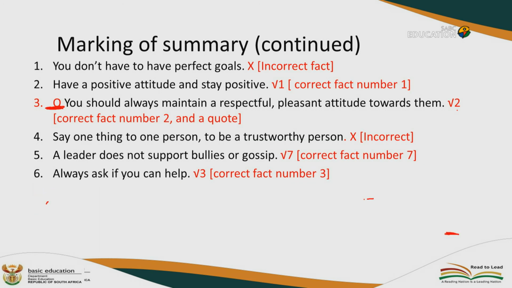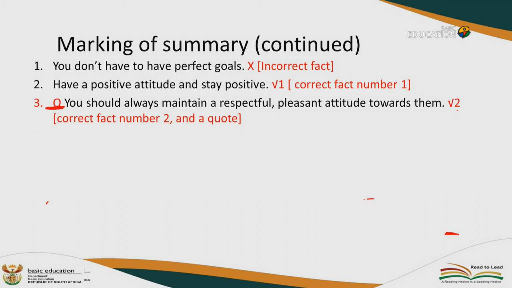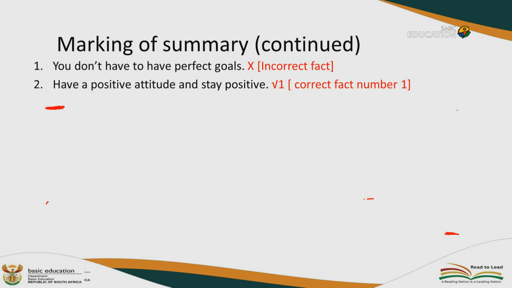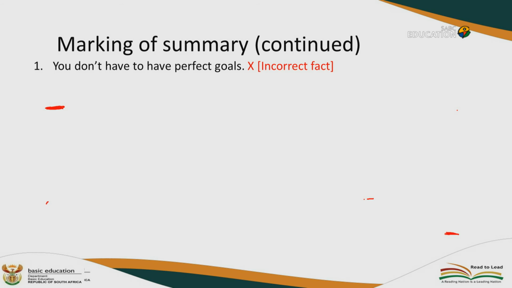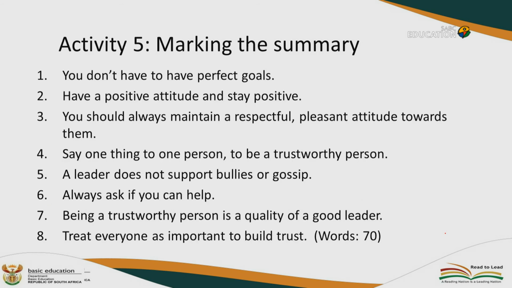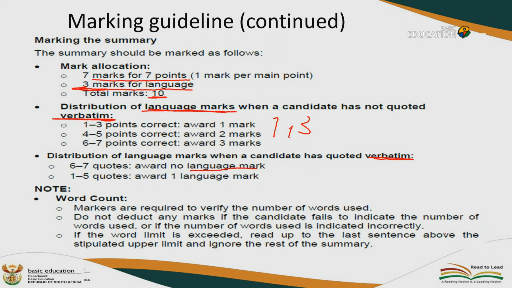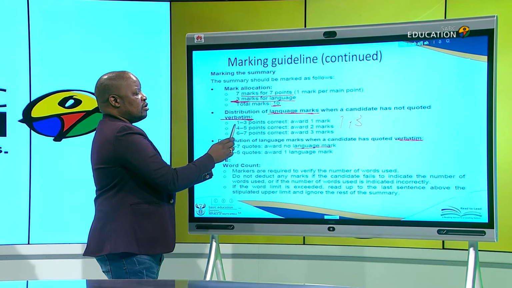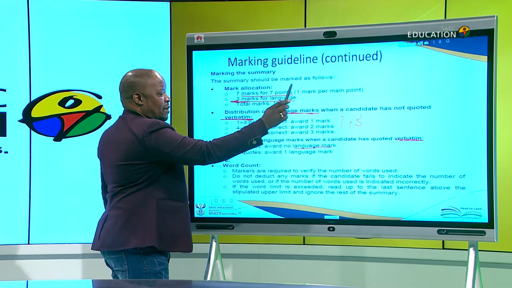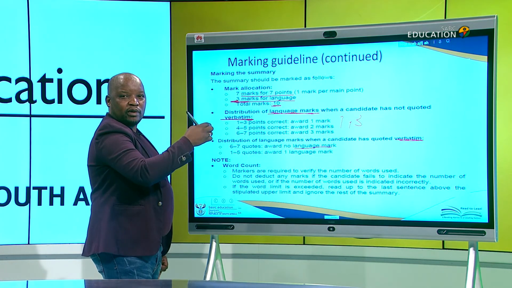Bear with me, learners. I need to go back to the previous slides. Look, 3 marks for language, 7 marks for points. 1 to 3 points correct, 1 mark. So in that one, we had 5 correct.